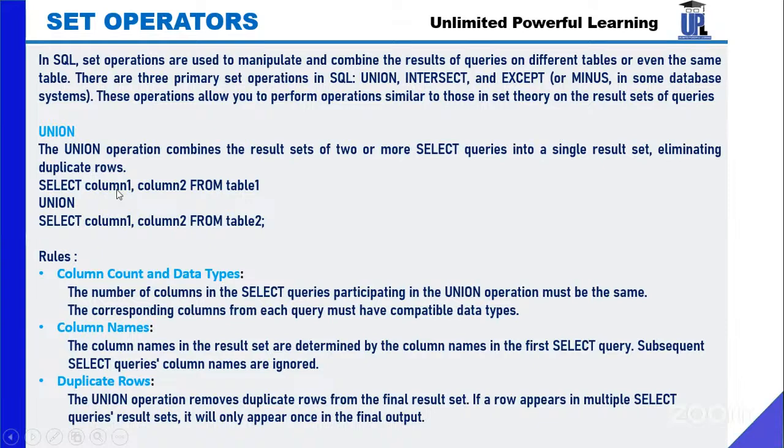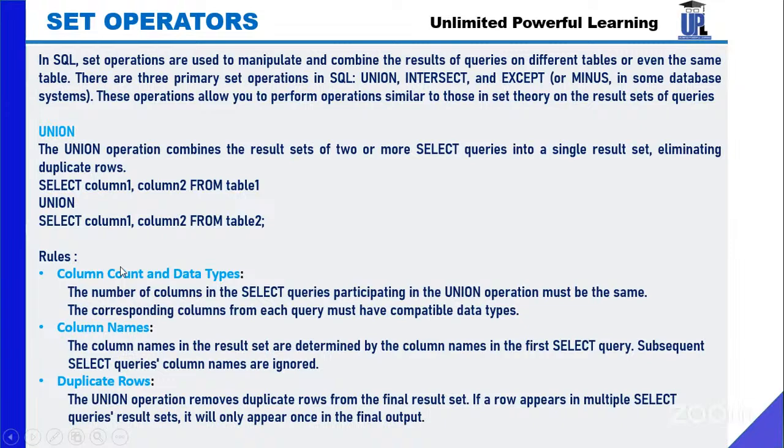If you have column 1, column 2 here, and column 3, column 4 in the other table, with the data types the same, then only the column 1, column 2 names will be visible, not the column 3 or column 4 names of the other table. Another important fact is that in union, any duplicate records will be removed from the final result set.